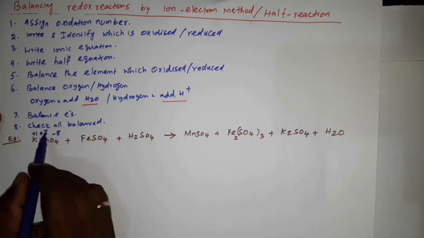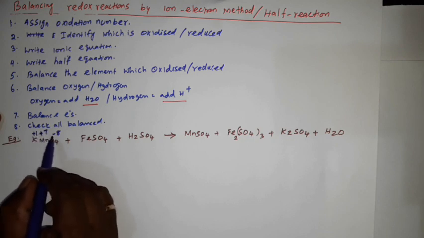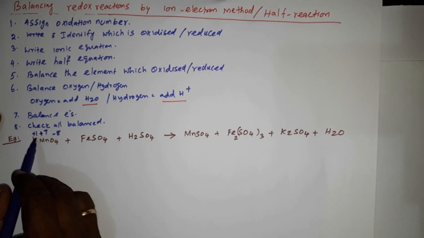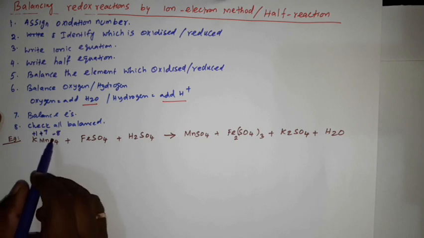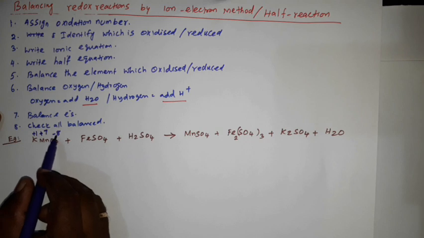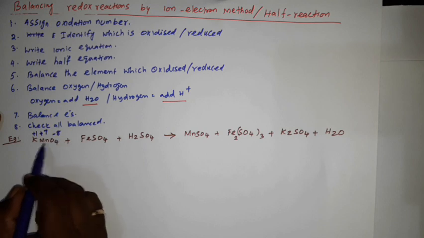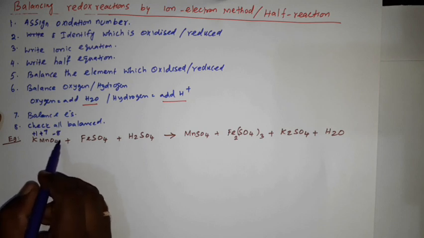So manganese is +7, and +7 plus 1 gives +8, and this -8 will be cancelled. So K is +1, manganese +7, oxygen -8. For 1 oxygen it is -2, 4 oxygen, so -8. Minus 8 plus 8 becomes 0. We have to check that the total oxidation number for the whole compound is equal to 0.